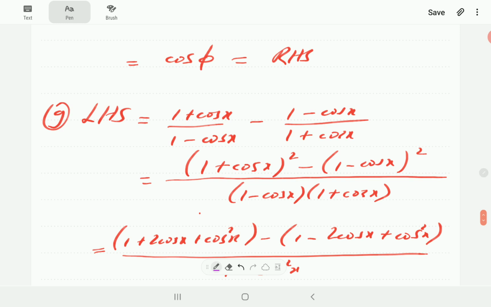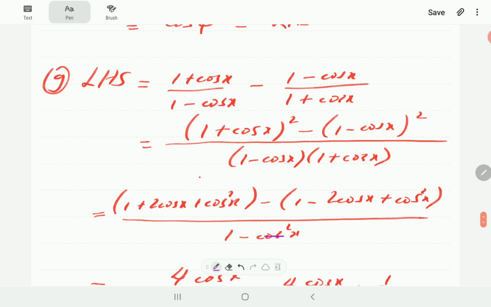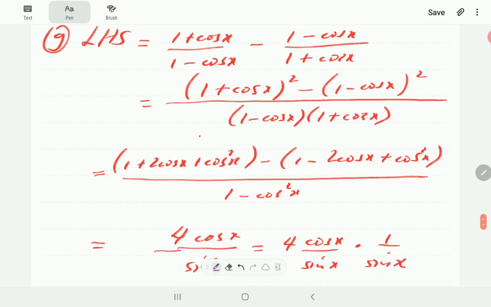Again, for G, if we start on the left hand side, the obvious thing to do is to write this as one fraction. So we do that here. Then the numerator is a difference of two squares. We expand these two using the binomial.